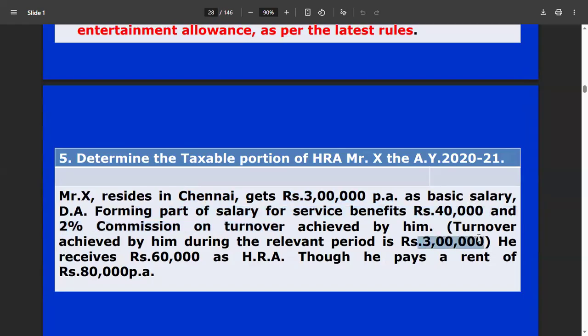The last year the turnover was 3 lakhs, so 2% will be 6,000. So his salary will be 3 lakhs plus 40,000 plus 6,000 as commission. So total salary will be 3 lakh 46,000. He received 60,000 as HRA and he paid the actual rent 80,000 per annum.